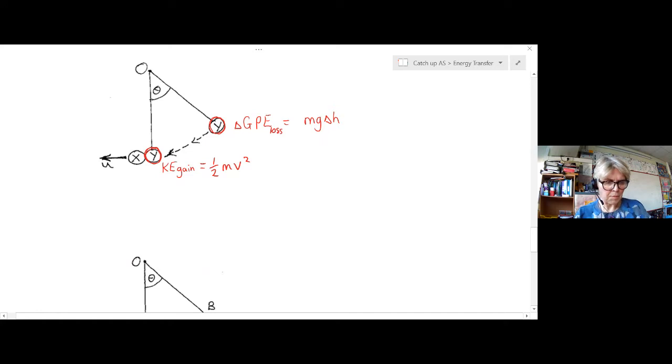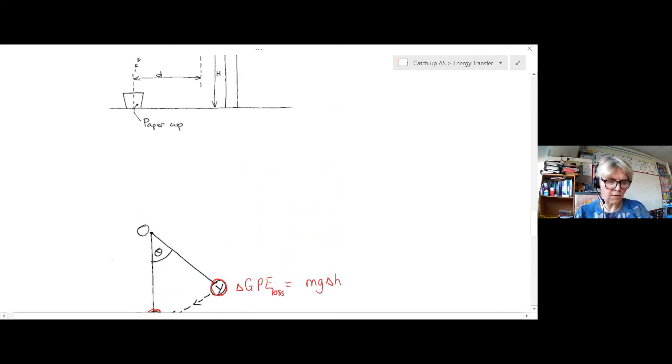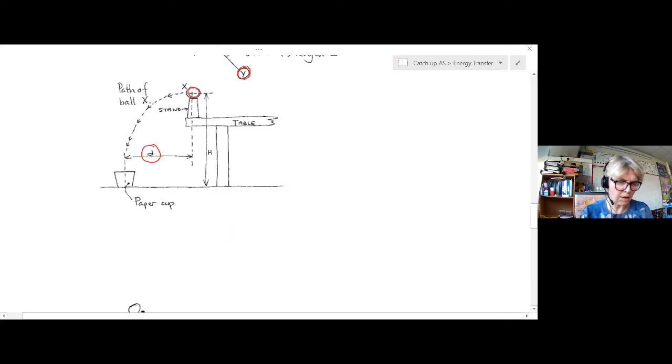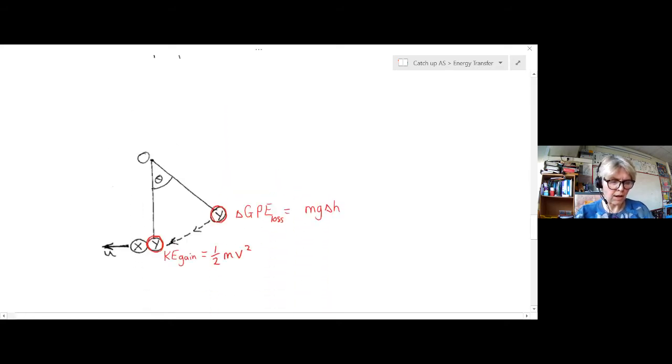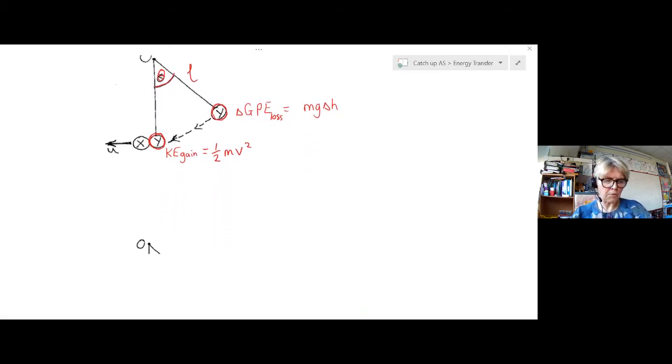Because the whole aim of this experiment is to try and find this distance here where I'm going to put the cup. And the measurements that you've been given are the length here and the angle here. Those are the only two measurements so far that you're being given. So let's move on a little bit more.